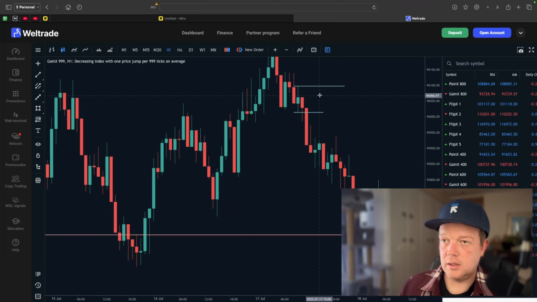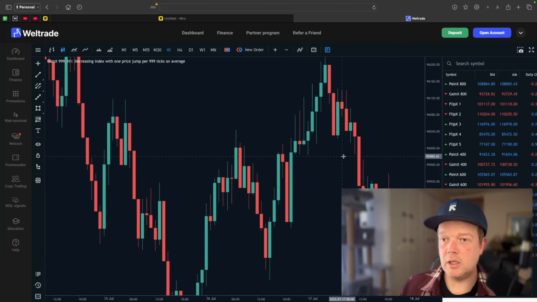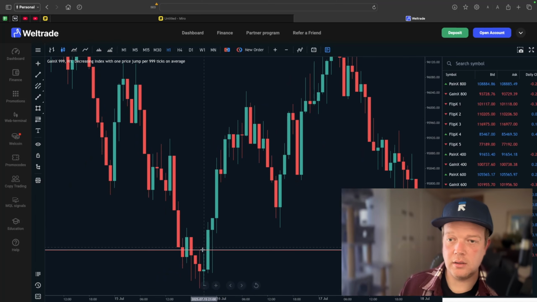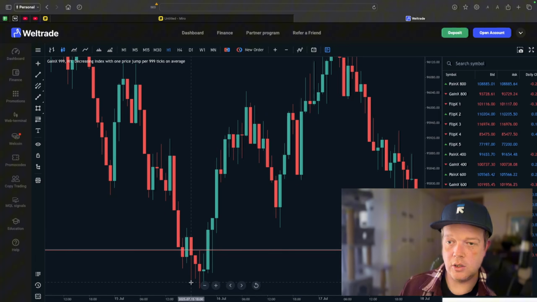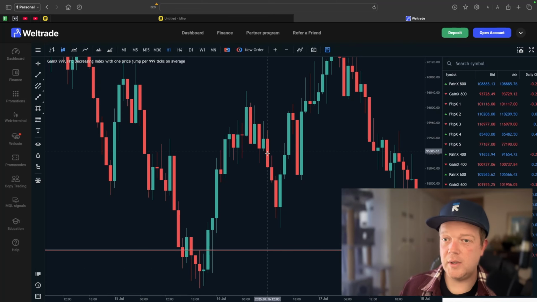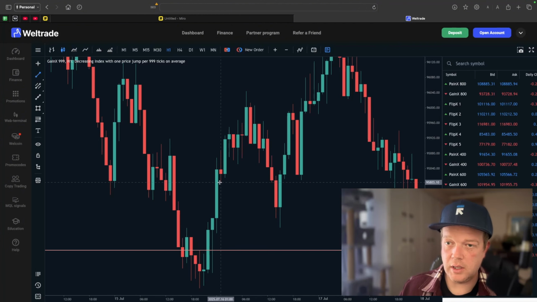So let's quickly delete this and let me show you. When we look at price right over here, we had a big push up. We took these lows right over here. We had a big push up. We came down. Price is inside of this fair value gap. And also there was a low that's being created right over there.